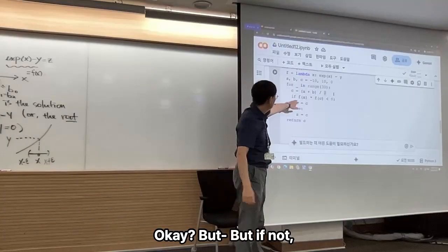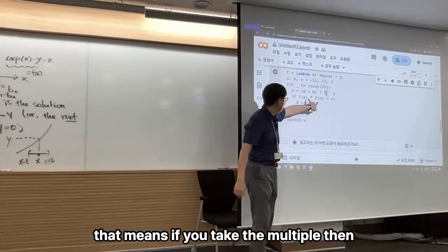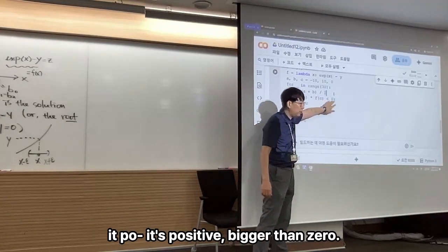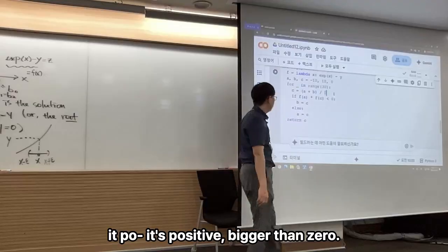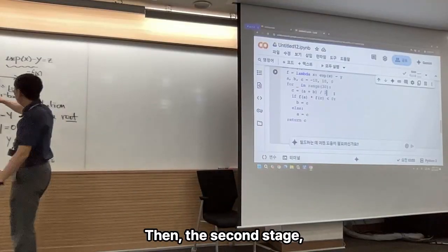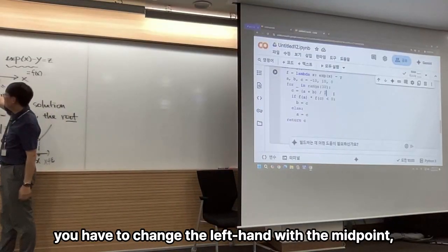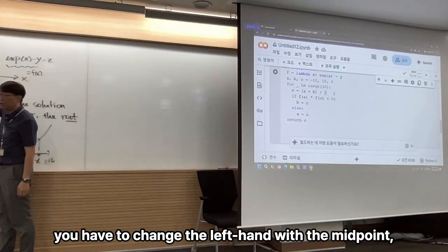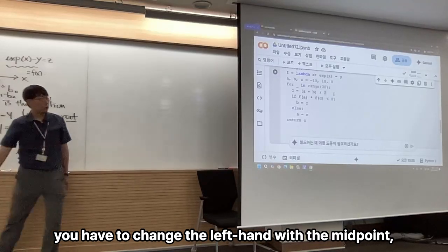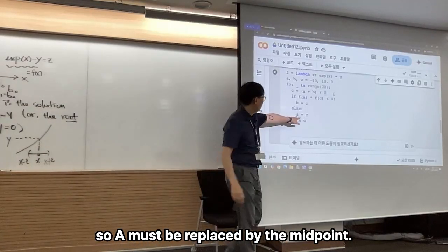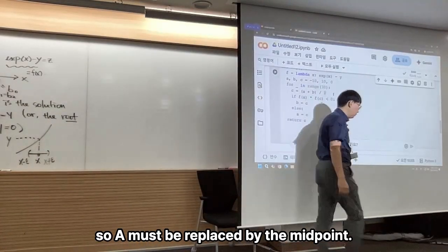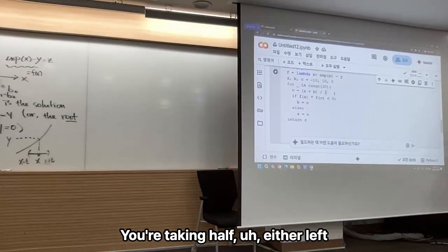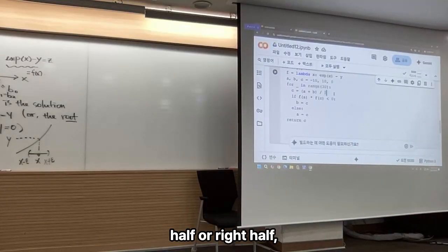But if not, if they have the same sign, that means if you take the multiple, then it's positive, bigger than 0. Then in the second stage, you have to change the left end with the midpoint. So A must be replaced by the midpoint. So you're taking half, either left half or right half.